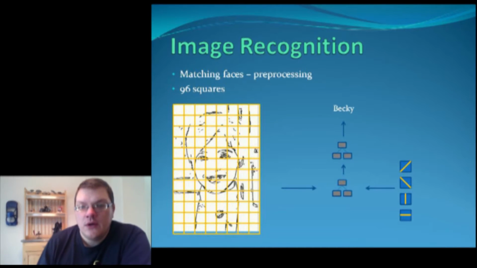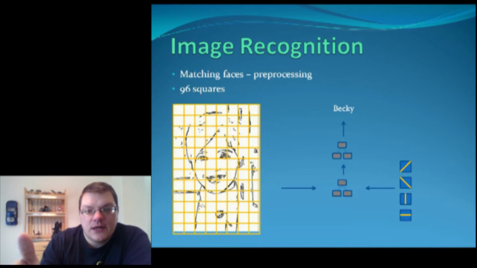And so what we would do, in this example, is break it up into 96 squares. We will take each square and train a neural network to recognize a line going in a given direction.